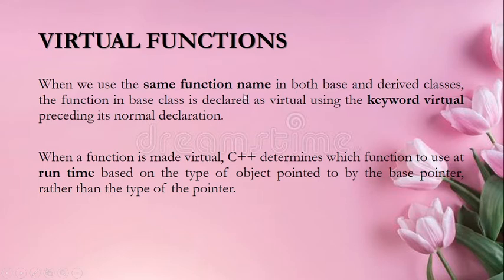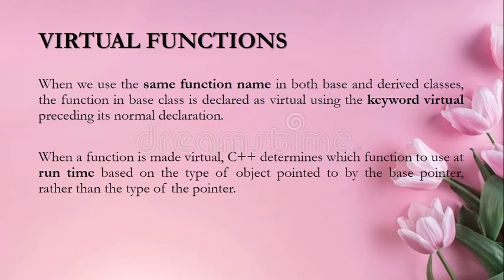I'm going to show an example where both the base class and derived class have the same function name with the same parameters. When we have the same function name with the same parameters, we call it overriding. So in this example, we are going to see how overriding also works.